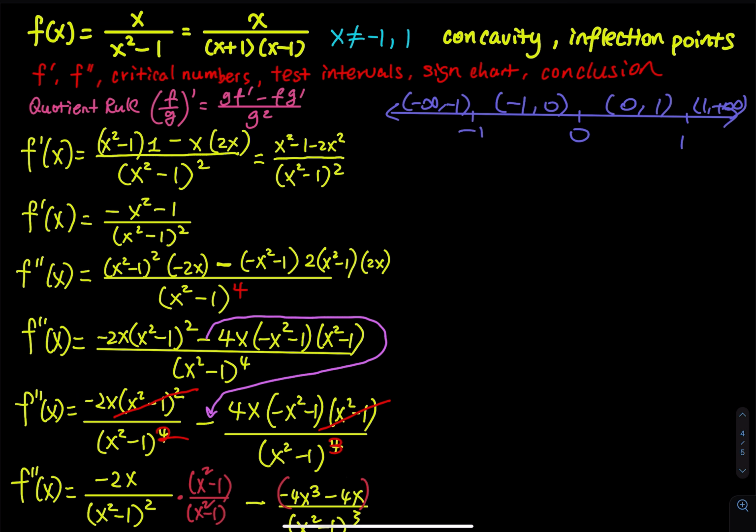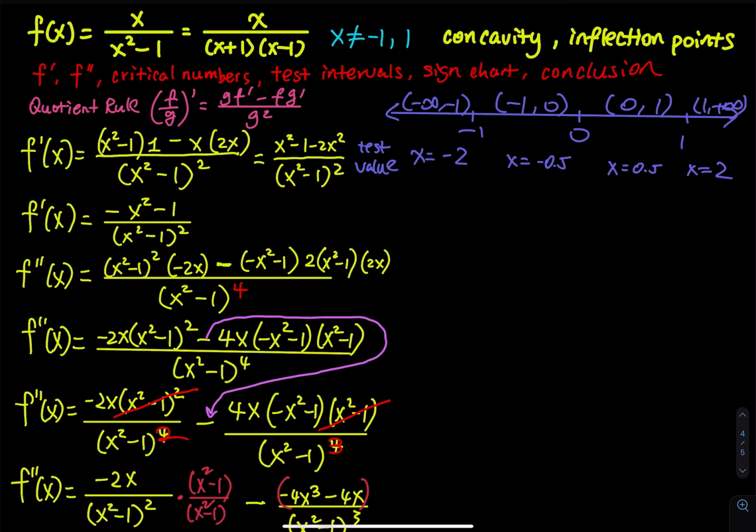This one, let's save some space. With some practice, you can just do it right here. The next thing that you will have to pick is a test value. So this one, I pick x equals negative 2, x equals negative 0.5, x equals positive 0.5, and x equals 2. And then you have to test.